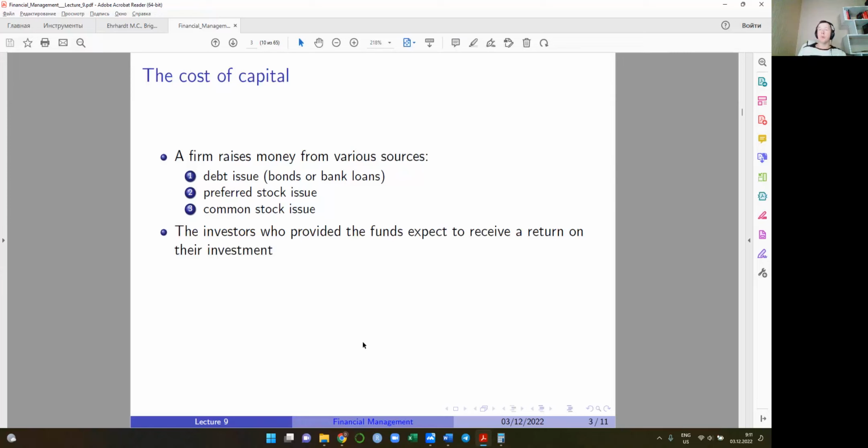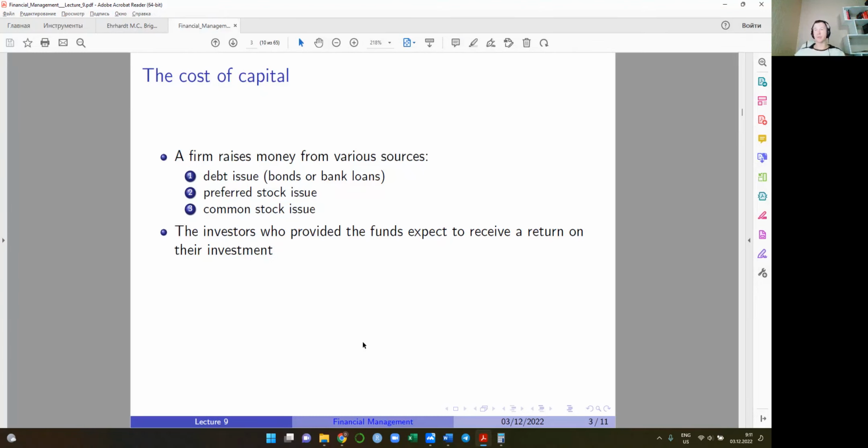And we know from those lectures that investors who provided the funds, they expect to receive a return on their investments. We had an interest rate, RD in the case of bonds, RS in the case of stocks, in order to estimate the acceptable price, present value of bond, present value of stocks.